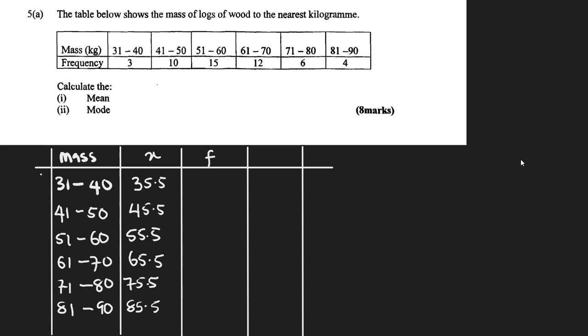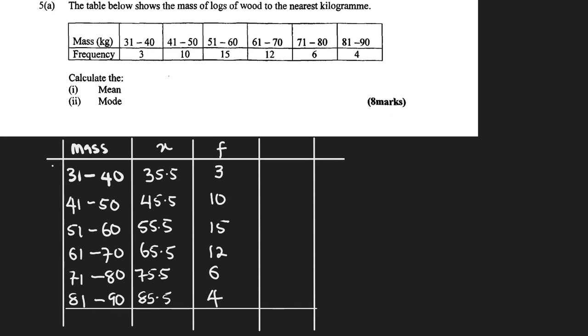And we have the first frequency is 3. Then we have 10. Then 15. Then 12. Then 6. Then 4. So these are our frequencies. And it will be nice if you can find the total. So if you add the total frequency, which will always be summation, that's the sum of the frequency. So now let's add it.